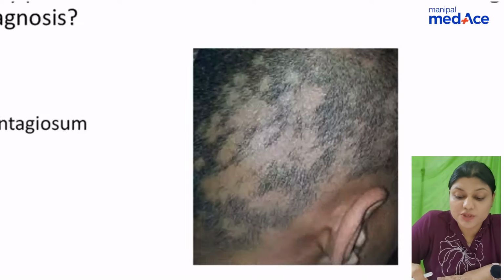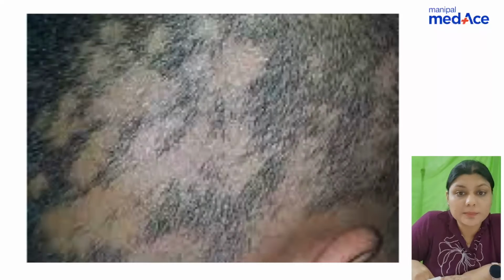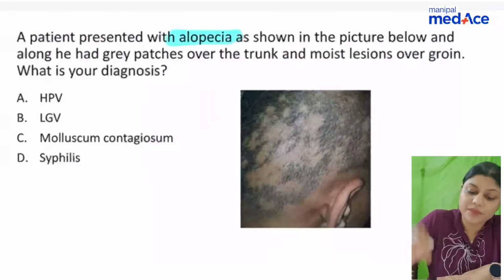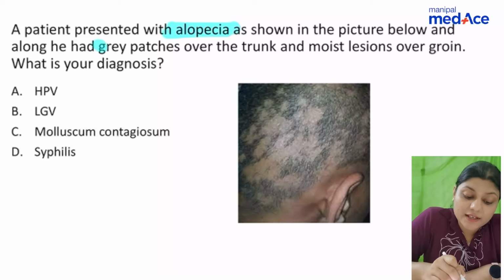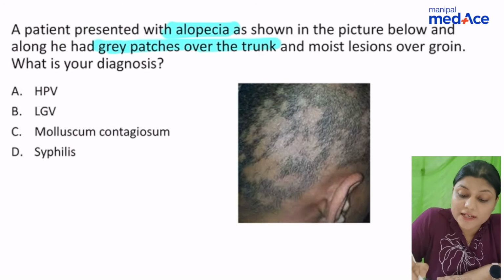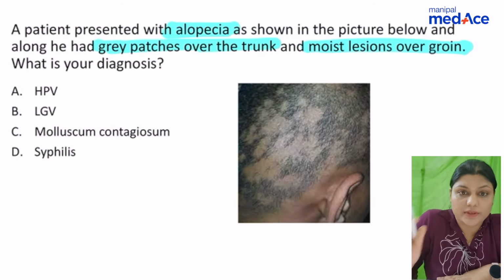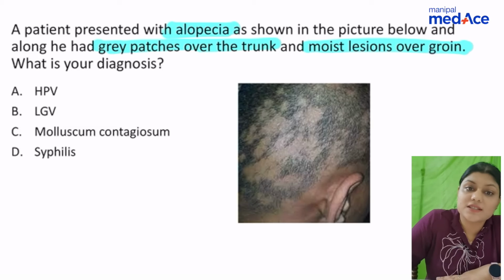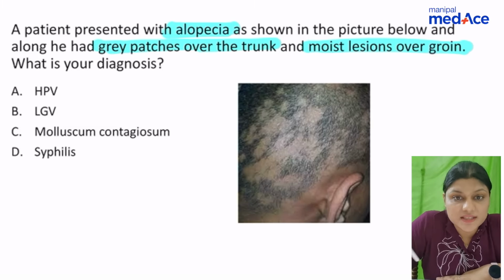As you can see in the picture also, there are multiple non-scarring patches of hair loss. The patient had grey patches over the trunk and moist lesions over the groin. So this picture is consistent with secondary syphilis. So the answer is D.